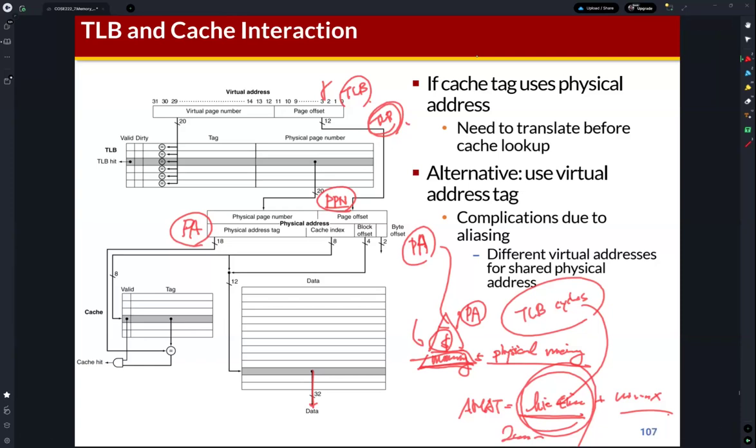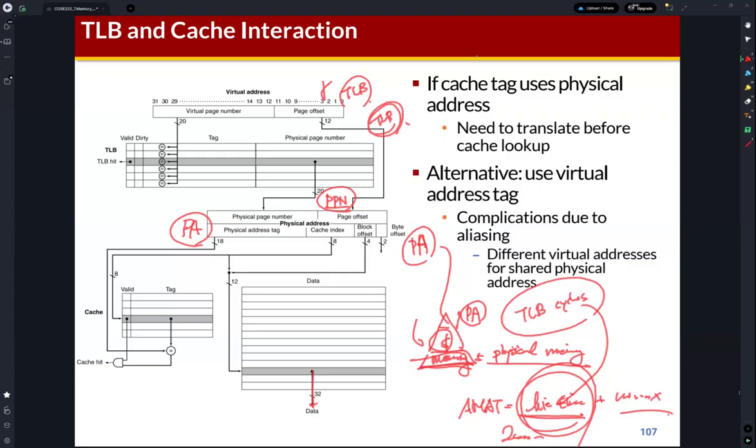For example, if the hit time is 2 cycles because of the TLB access, which means so also, for instructions, we also need to access instructions using the physical address. Which means that the TLB is also required for the instruction cache.